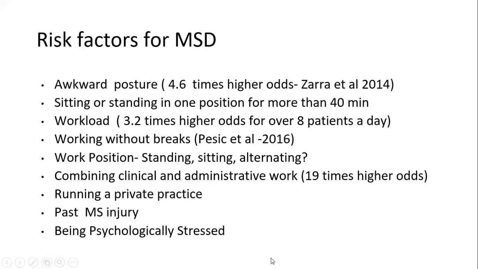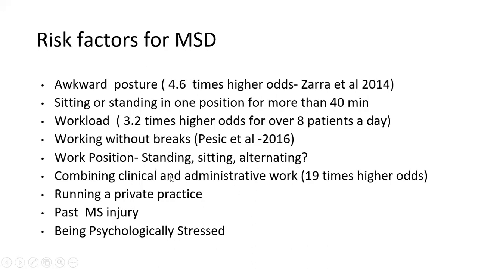We'll explore this further as we go, but generally there seems to be agreement that working standing puts you at a higher risk of awkward posture, so you're more likely to eventually have musculoskeletal problems. Most literature supports sitting and alternating your positions as you work, rather than just using a standing position.